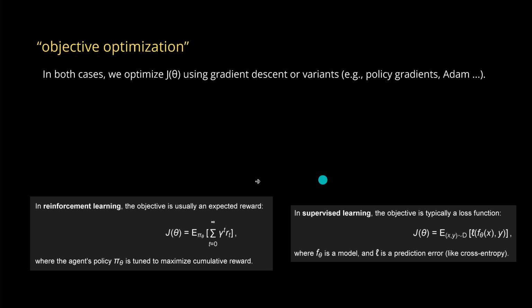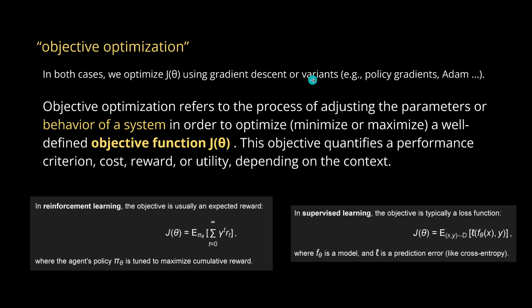So in both cases that we know, we optimize our J of theta using a gradient descent. And yes, of course, we will go for a stochastic gradient descent that you have known for centuries now. So objective optimization refers to a process of adjusting the parameters or the behavior of an AI system, of a learning system, in order to optimize, either minimize or maximize, a well-defined objective function J of theta.